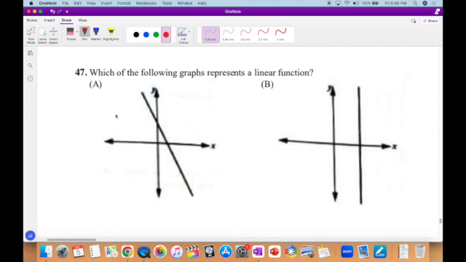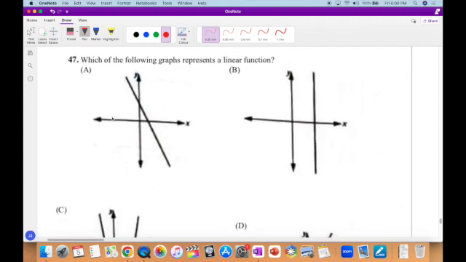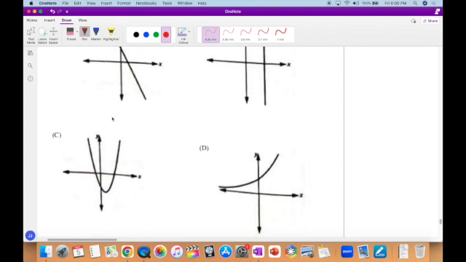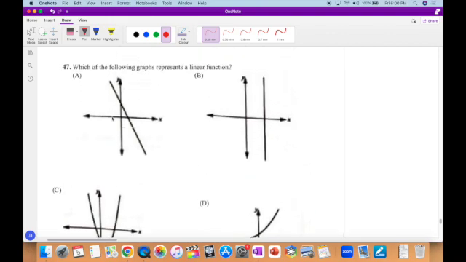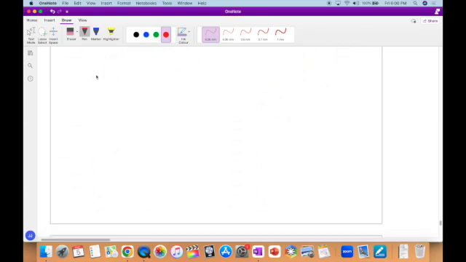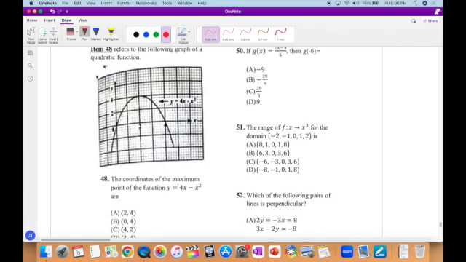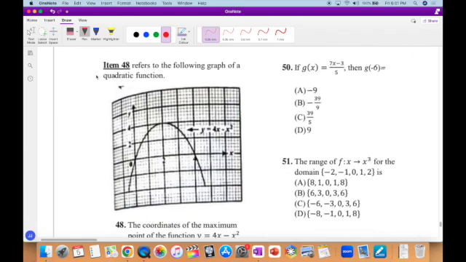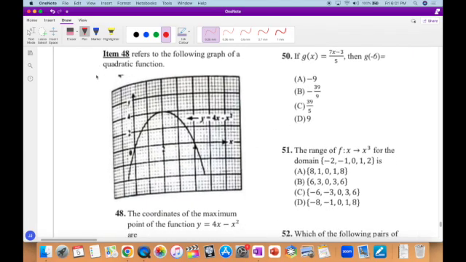47. Which of the following graphs represents a linear function? It would be A. 48 refers to the graph of the quadratic function.